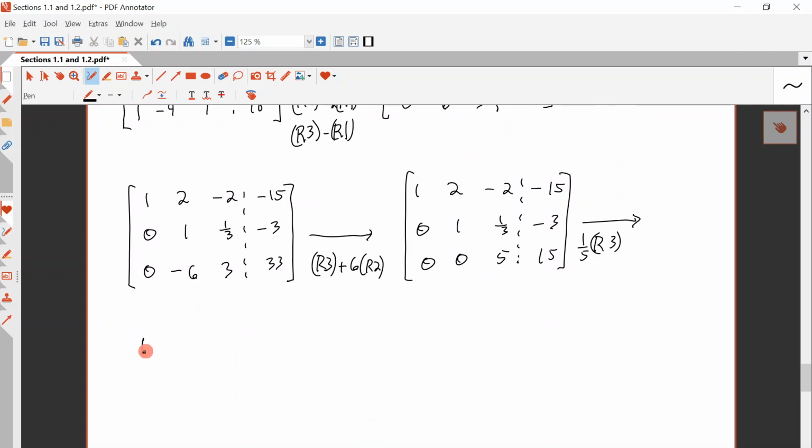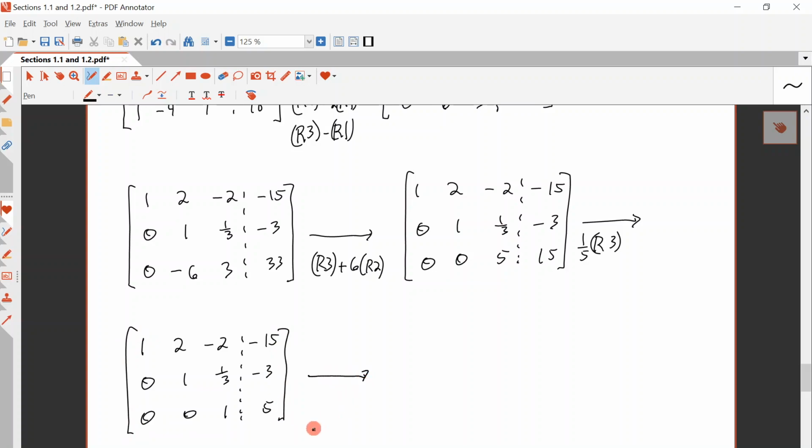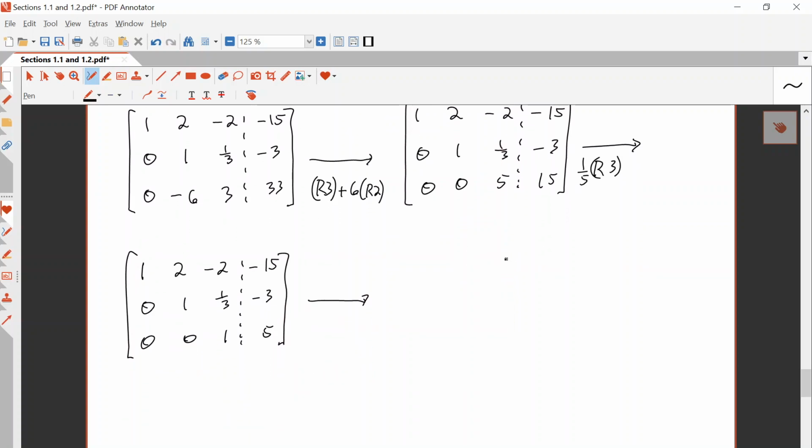First row stays the same. 0, 1, 1/3, minus 3. 0, 0, 1, 5. Dividing 15 by 5, and I get 3 there.